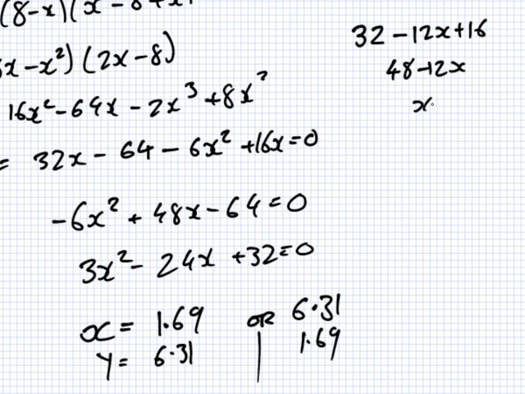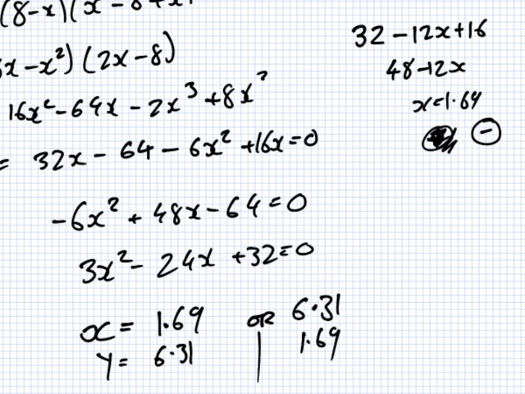If I use x as 1.69, it's still going to be positive, which is a minimum. Did I do something wrong here? No, we want a maximum, which means it should be negative.